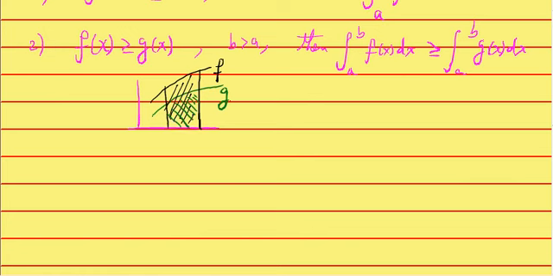Property number 3 is if a function is between two numbers.